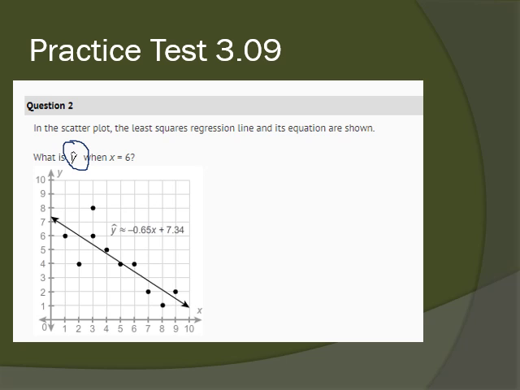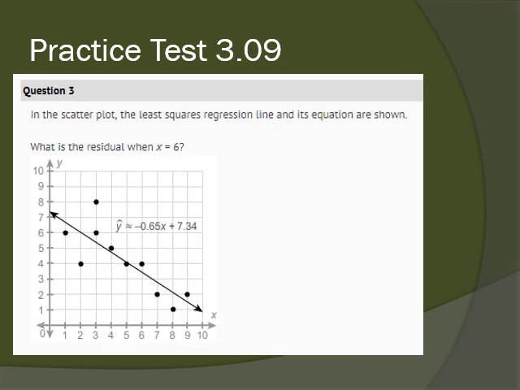That's the point determined by the line when x equals 6. So I'd go over to 6, up to the line, and I would estimate there. It looks like it's a little shy of 3.5, maybe 3.4, somewhere around there. So again, y hat means the actual position of the line, whereas the observed value is the location of the dot itself. The residual would be the difference between those two.